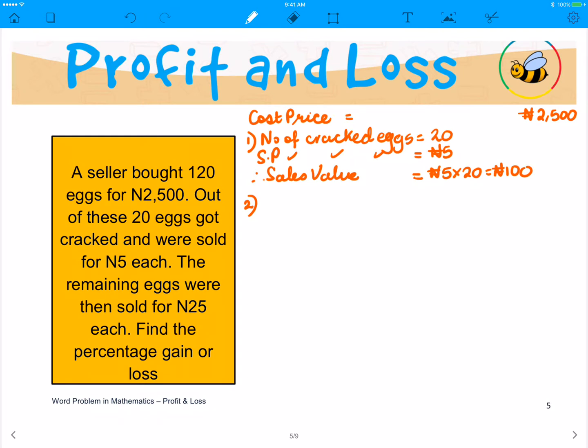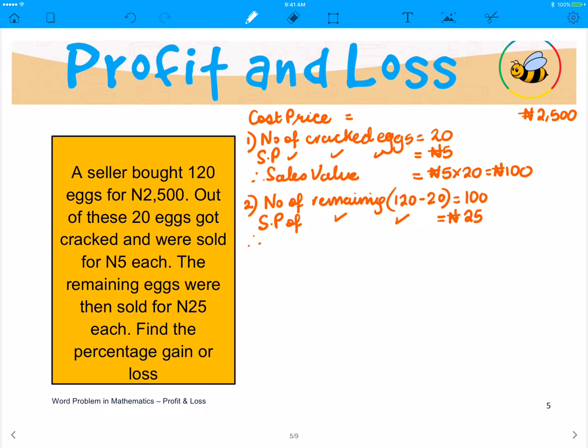Now, we are also told that the remaining eggs were sold for 25 naira each. So the first thing we have to ask ourselves is, what is the number of remaining eggs? And by deductive reasoning, the number of remaining eggs is 120 eggs minus 20, which is 100 eggs, because there were 120 eggs and 20 of them are cracked. We are told that the selling price of the remaining eggs is equal to 25 naira.